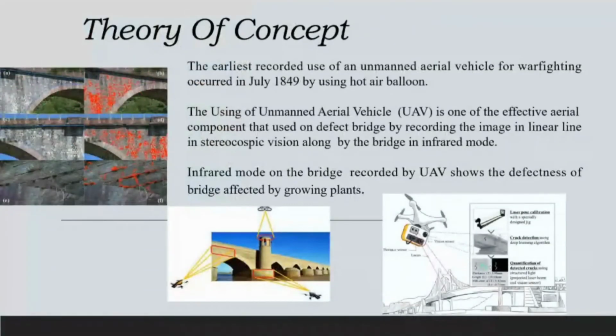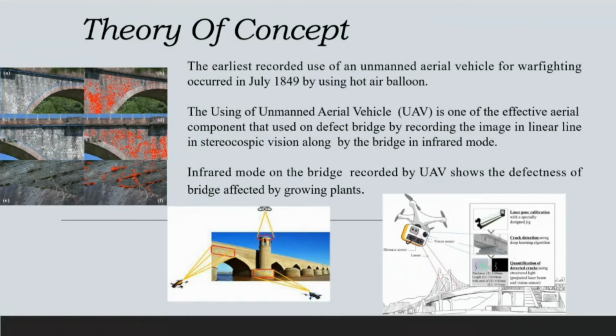The theory of concept of using UAV. The earliest recorded use of an unmanned aerial vehicle for war fighting occurred in July 1849 by using hot air balloons. But nowadays we are using UAVs. The use of unmanned aerial vehicles is one of the effective aerial components used on defect bridges by recording the image in a linear line in stereoscopic vision along the bridge in infrared mode.